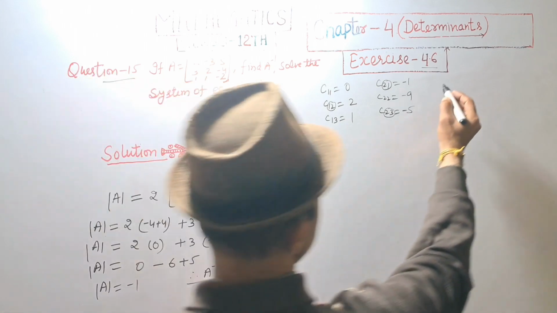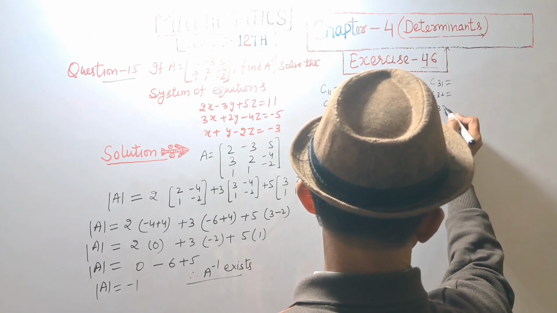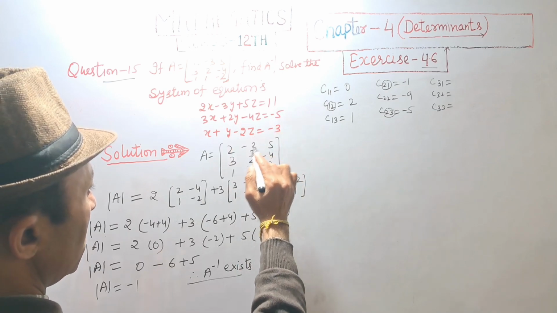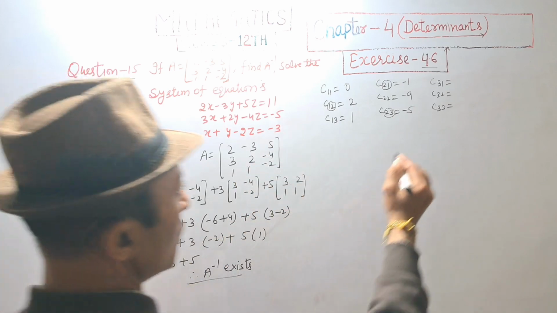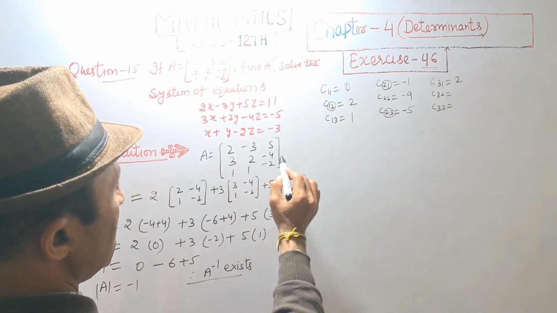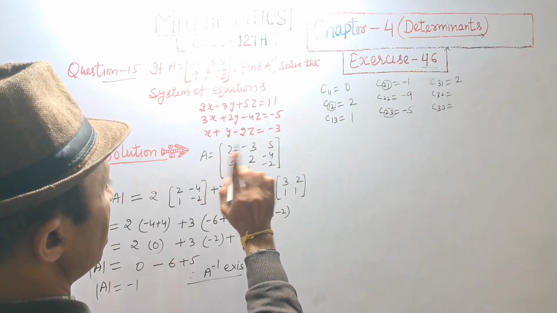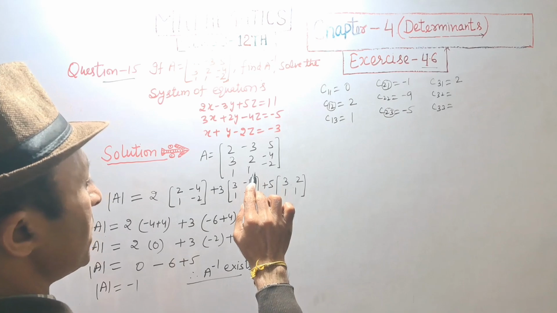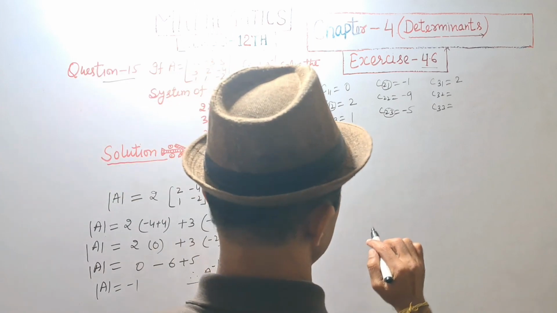And C31, C32, C33. C31: 4 threes are 12 minus 10, that is equal to 2. And C32: 4 twos are 8 minus 8, 3 fives are 15, minus 15 minus 8, that is equal to minus 23.